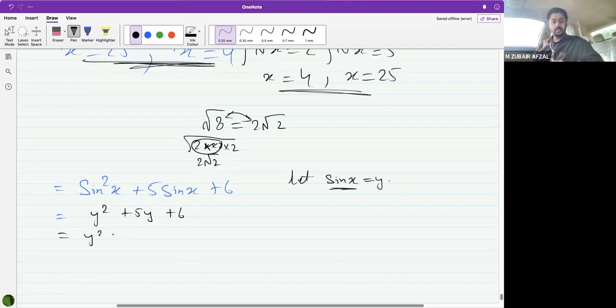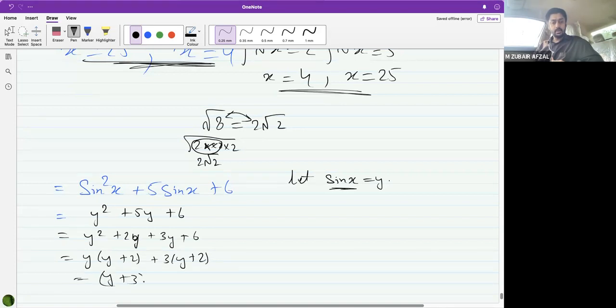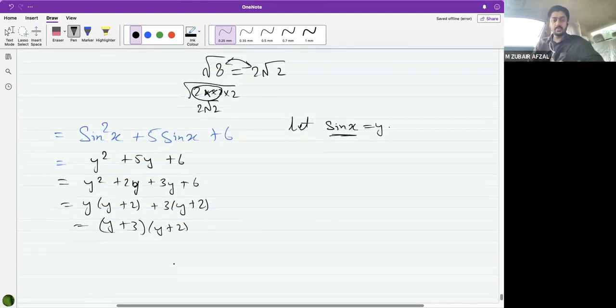Mid-term breaking would be plus 2y plus 3y plus 6, y plus 2, plus 3, y plus 2. So I'm left with y plus 3 into y plus 2. And we knew that sine x was equal to y, so this is actually sine x plus 3 into sine x plus 2.